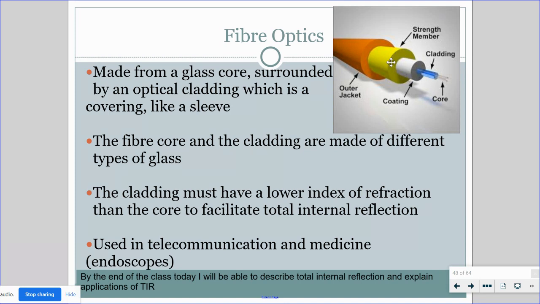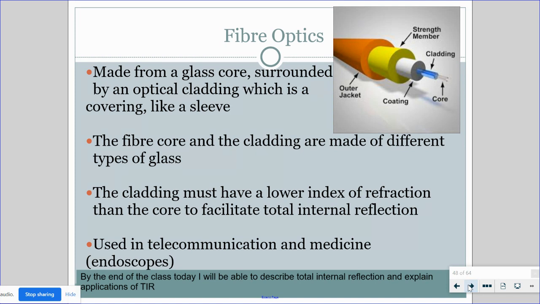The coating and the strength member and the outer jacket, because these are glass, are easily broken. So you want to have a lot of protective layers just to protect the material that's transmitting the information. And again, telecommunication, television now, there's fiber optic cables that go all the way across the ocean.